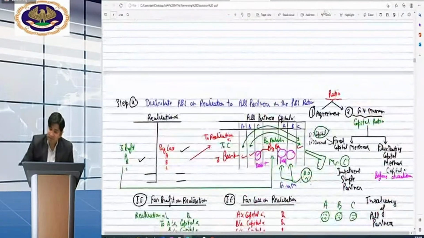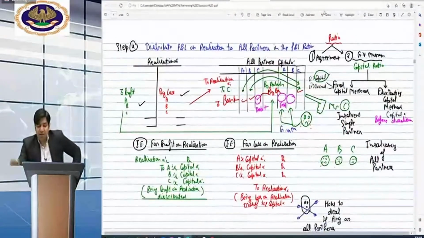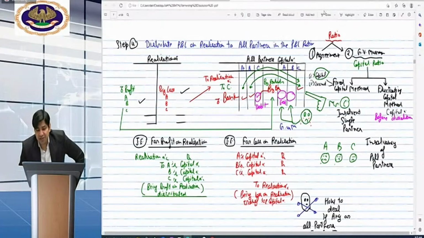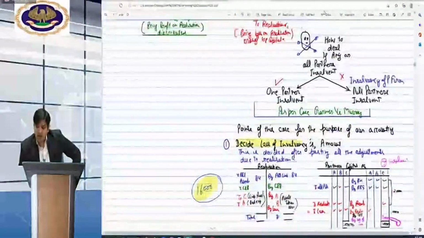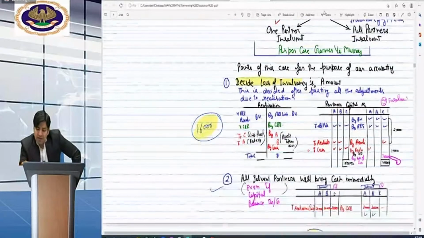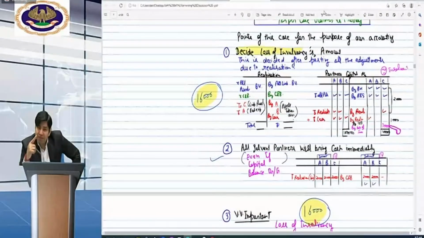Okay, beta. Now after that, realize the profit and loss on realization, which has to be transferred to partners' capital accounts in the profit and loss ratio. Next one, if loss of insolvency is there, then how to deal? Remember, I have discussed with you all one partner's insolvency. Decide the loss of insolvency after shifting all the figures from all the relevant transactions.